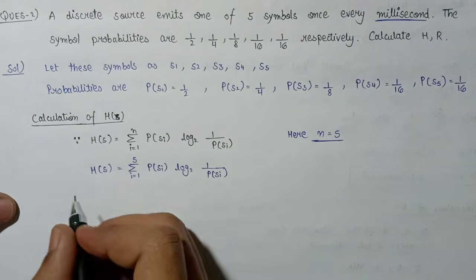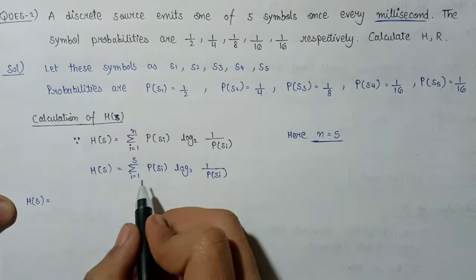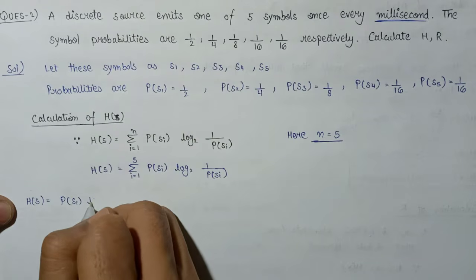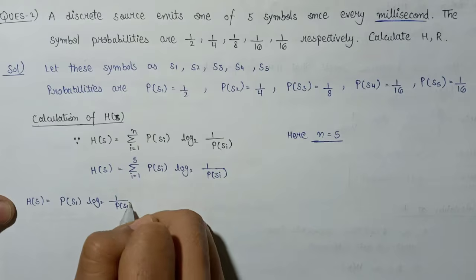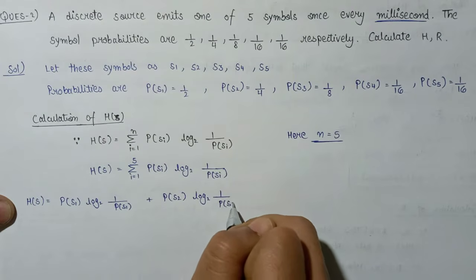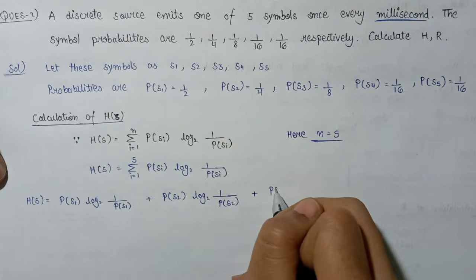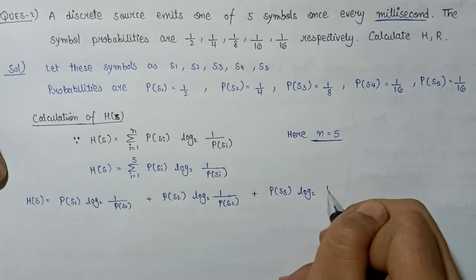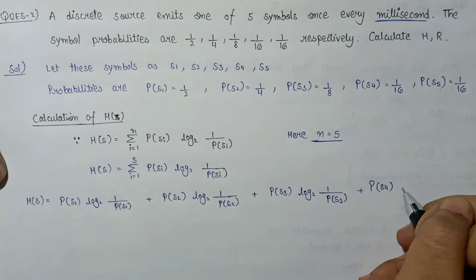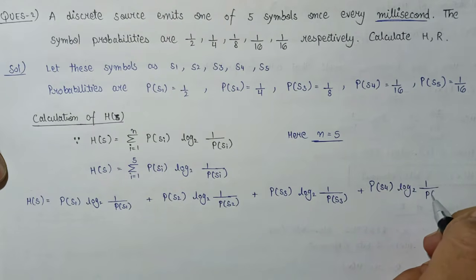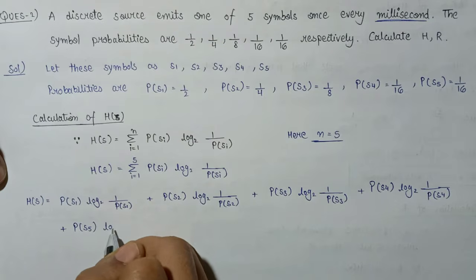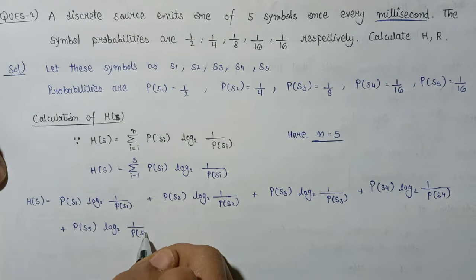Now expanding this formula, we get H of S equals P of S1 log base 2 of 1 over P of S1, plus P of S2 log base 2 of 1 over P of S2, plus P of S3 log base 2 of 1 over P of S3, plus P of S4 log base 2 of 1 over P of S4, plus P of S5 log base 2 of 1 over P of S5.